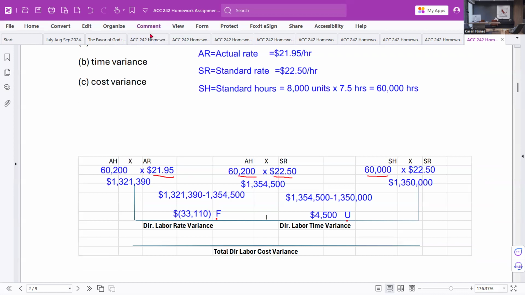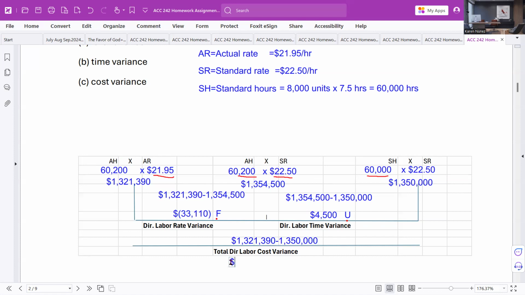Put it all together and calculate the total direct labor cost variance. Well, here we want to subtract the two ends, right? So this number, actual at actual, minus the standard at standard. So here we've got the 1,321,390 minus the 1,350,000 gives us a direct labor cost variance.